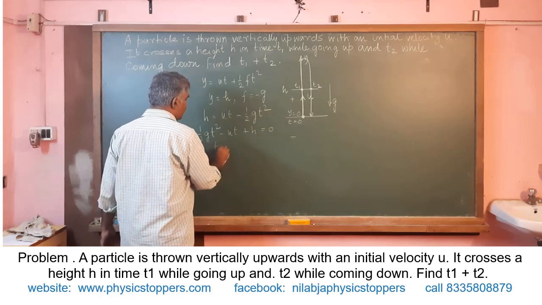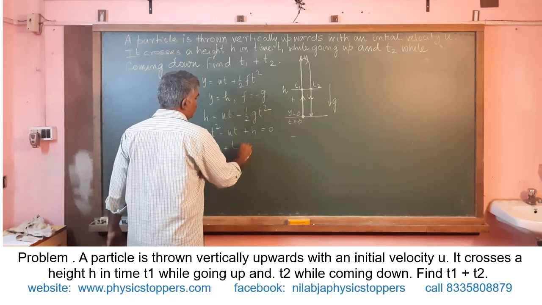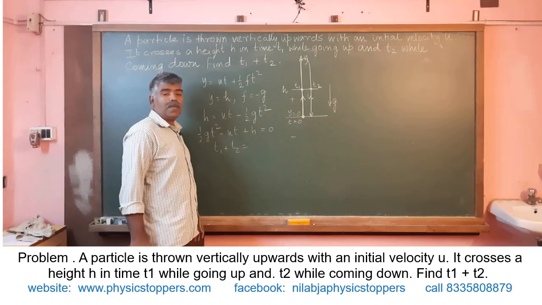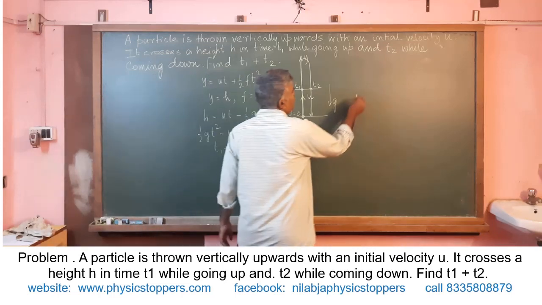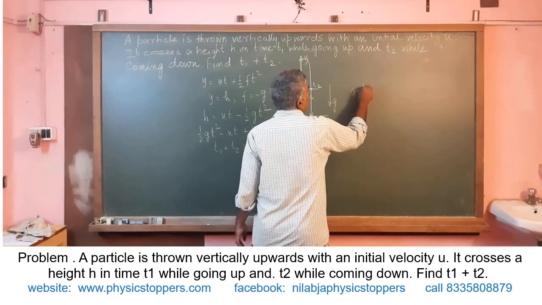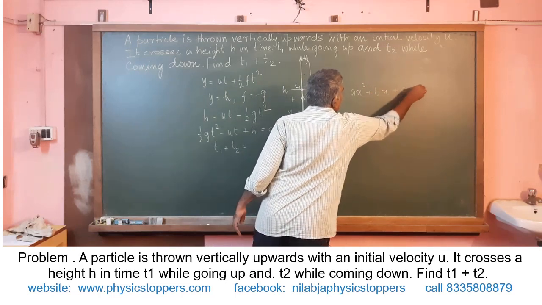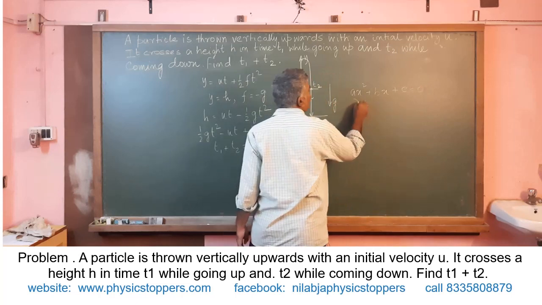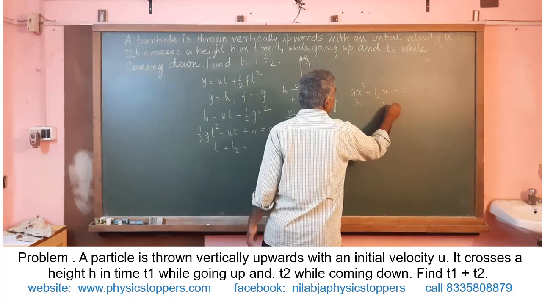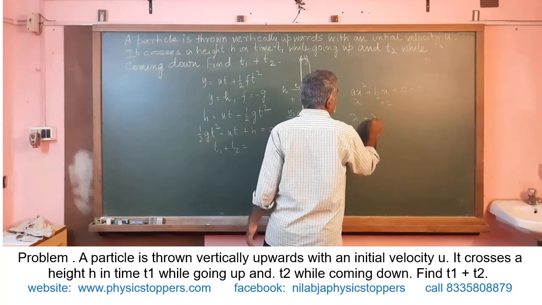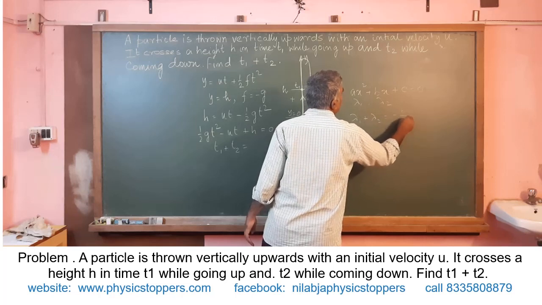So what is the sum of the roots, t1 plus t2? The sum of roots is minus b by a. You know the theory of equations: for a x square plus b x plus c, a quadratic equation with roots lambda 1 and lambda 2, lambda 1 plus lambda 2 is minus b over a.